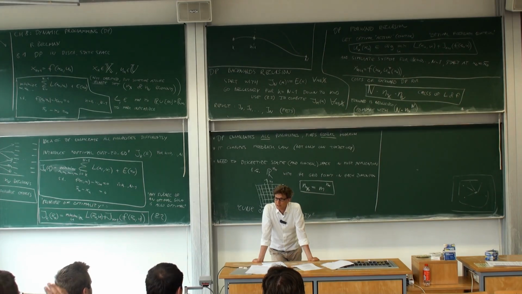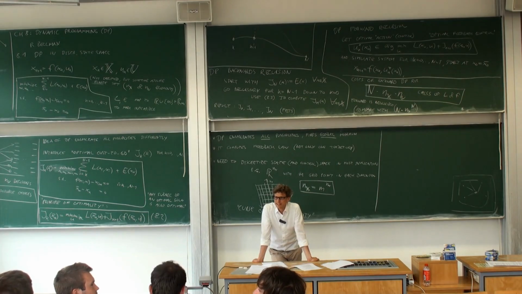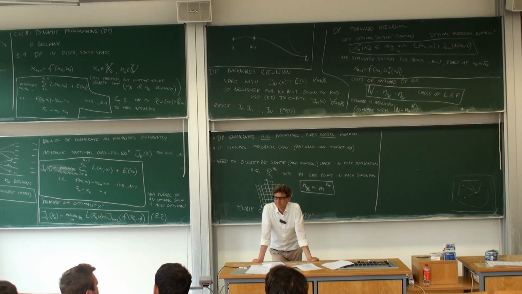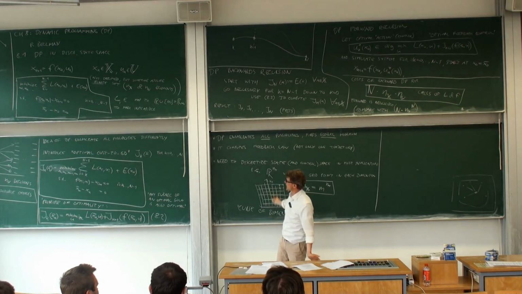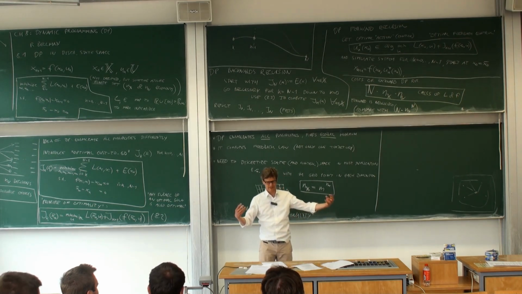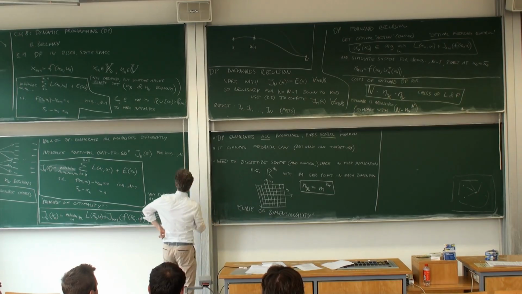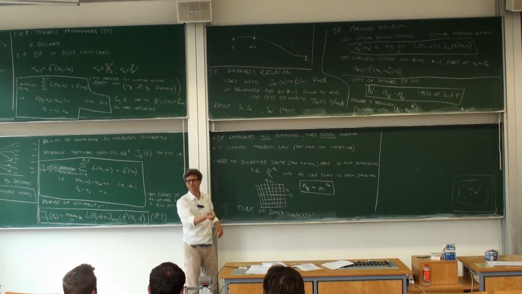Okay, if there are no more questions... there's one more, yes? So when we want to compute an optimal control problem, the first step would be to do this backward recursion, and then we do this forward recursion. Exactly. So in dynamic programming, you first do the backward and then the forward recursion. I should say that, from an algorithmic point of view, you could also do it the other way around.